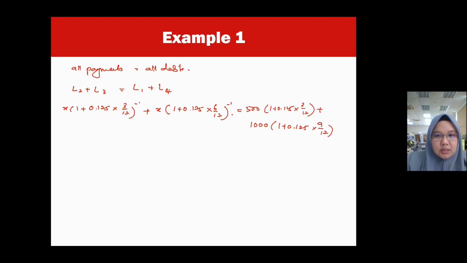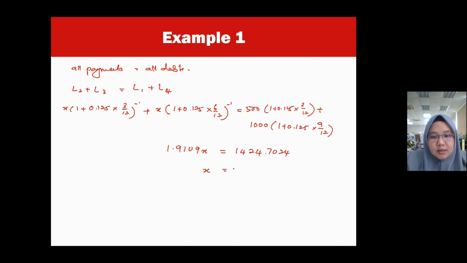Okay, so once you calculate this part, we will get 1.9109X equal to, and this part will equal 1424.7024. And then we bring 1.9109 to the right-hand side, and we divide.